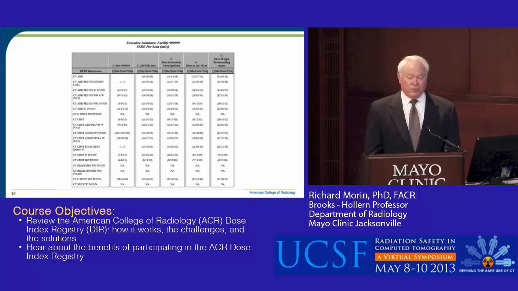The three values are the 25th percentile, the median or 50%, and the 75th percentile. And you can see that, in fact, these are for size-specific dose estimates, and the range of values is considerably reduced compared to when we used to use just the straight index CTDI-vol. Next slide, please.